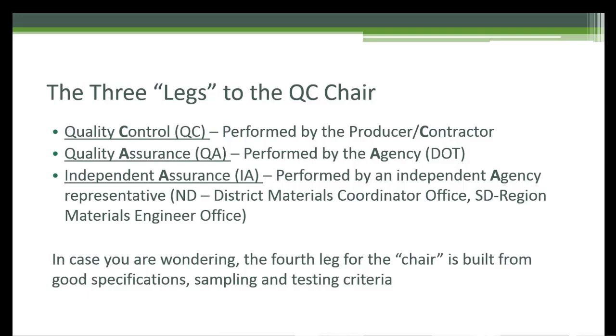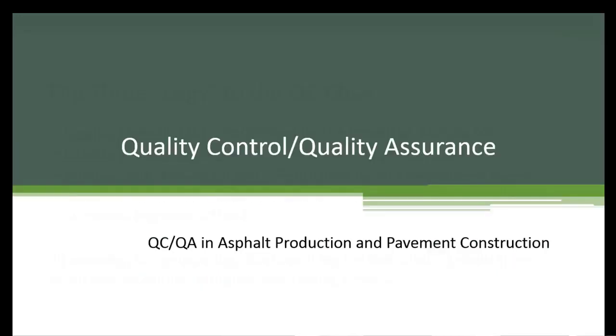IA is more like photographic surveying. They can see not only that cornfield but the soybean field next to it. And in case you're wondering, the fourth leg of this program, QC/QA, is actually having good specification, sampling, and testing criteria. We'll get into that briefly here as well.